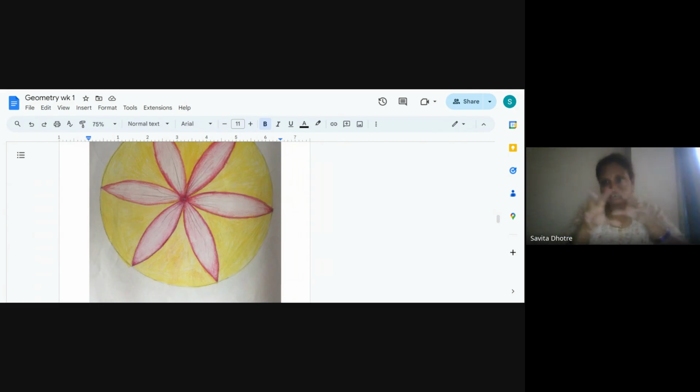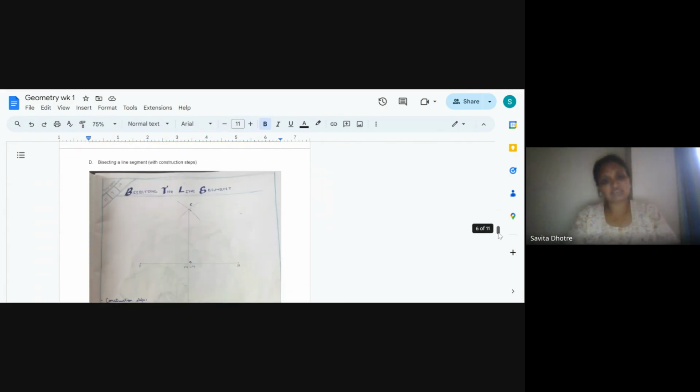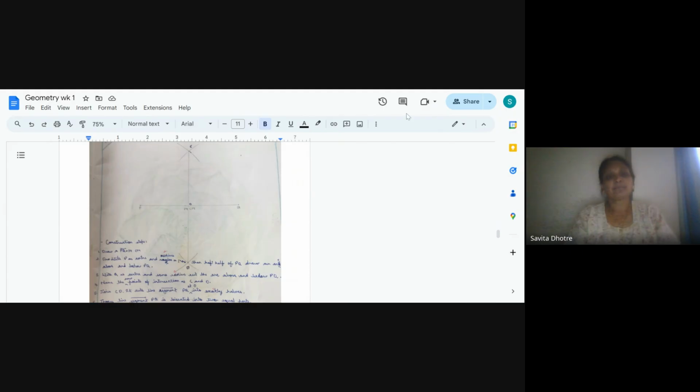So then you'll get nice concentric circles and get them to shade it in their own way. See how that gives them a lot of practice for making circles.